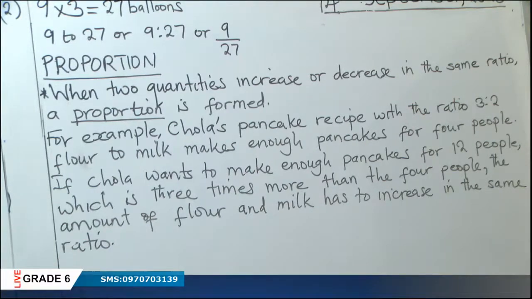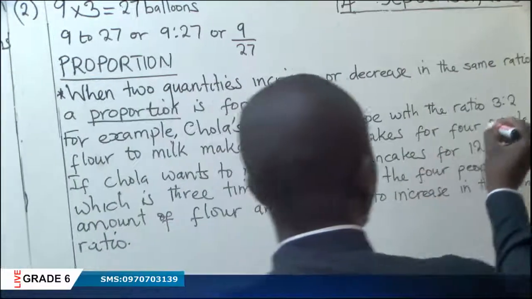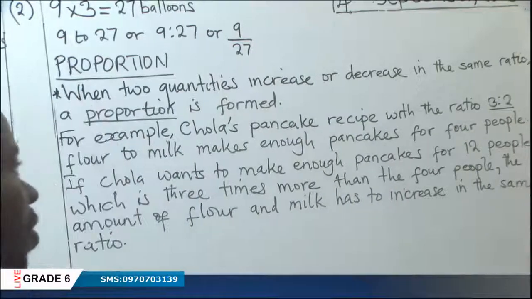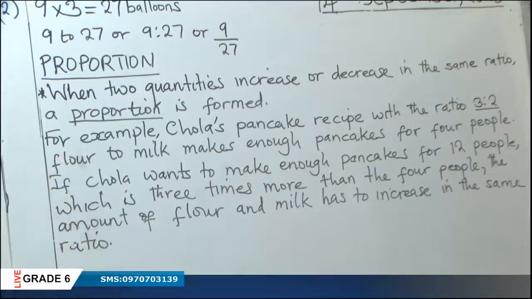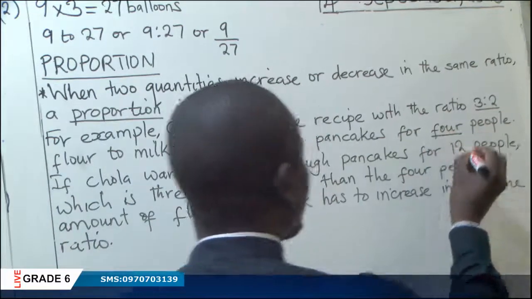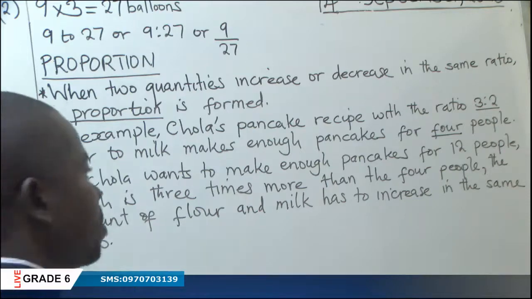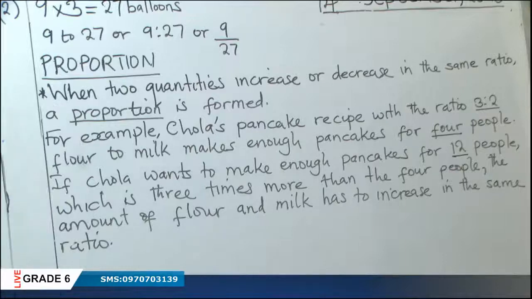We know that for 4 people, Chola uses the proportion for flour to milk in the ratio 3:2. What about if she wants to make enough pancakes for 12 people? What is she going to do?